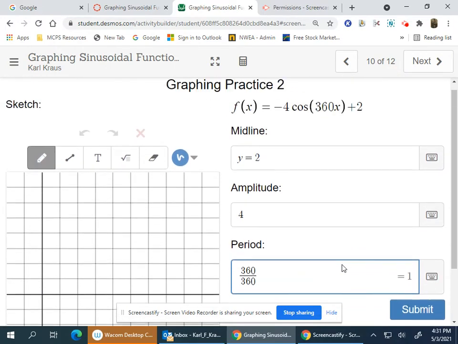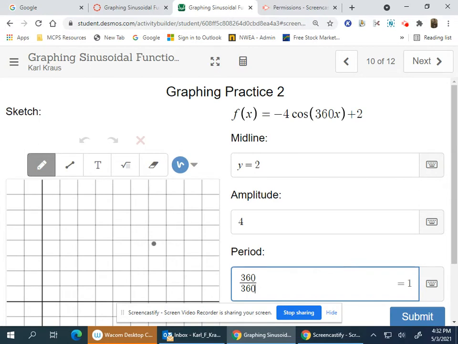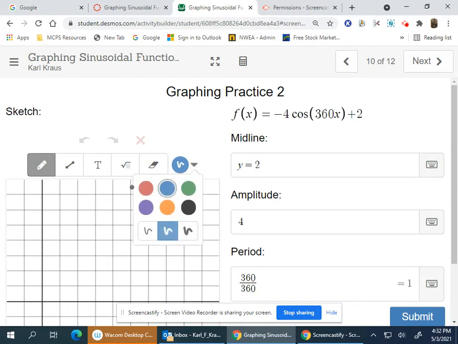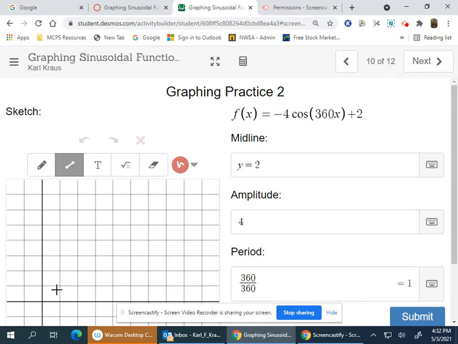And if I wanted to draw this, then y equal 2 is my center line, and then my amplitude is 4.